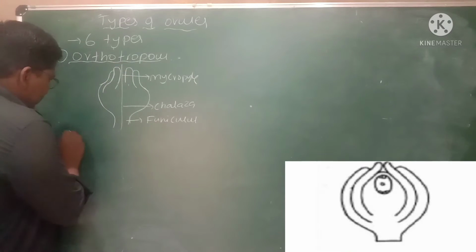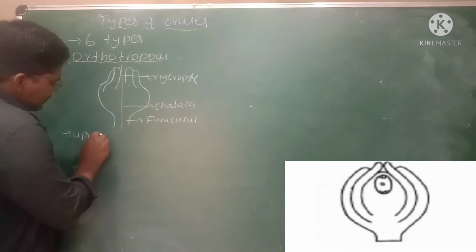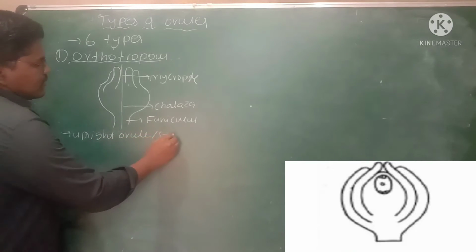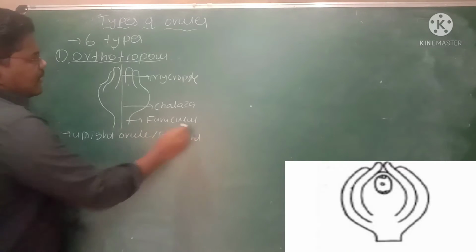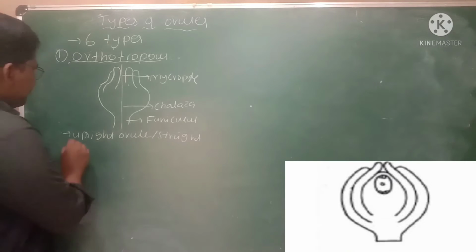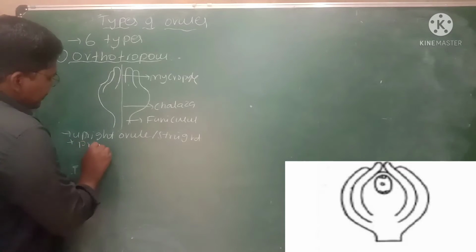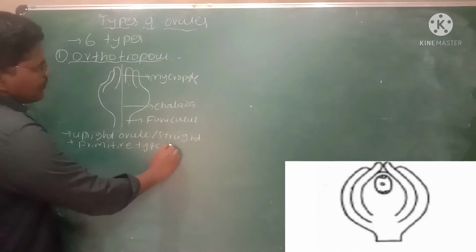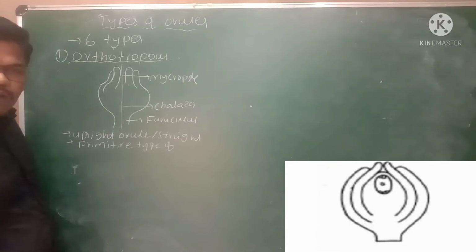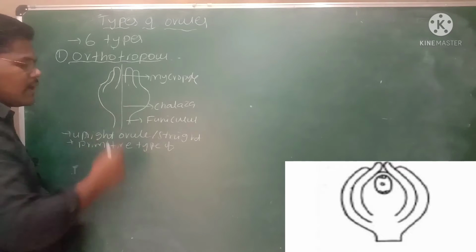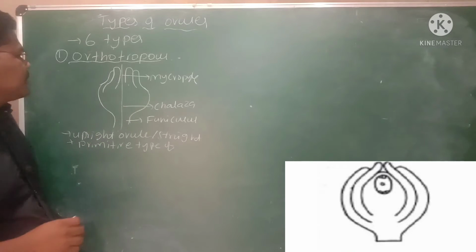Hence, it is also called an upright ovule or straight ovule. It is a primitive type of ovule in which micropyle, chalaza and funiculus are in a straight line.